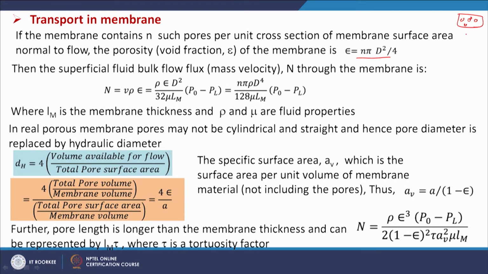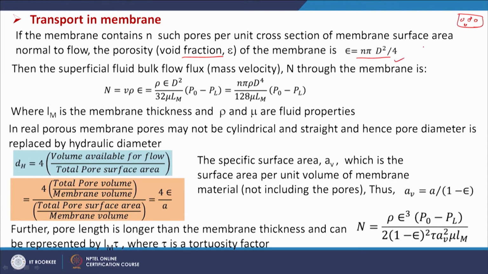The void fraction is the volume of the pores divided by the volume of the filter. If we take unit length, the volume is 1 into 1, and n into pi d square by 4 into 1 is the volume of the pores. So, E is equal to the volume of the pores by the volume of the membrane, so n pi d square by 4 is equal to the void fraction.